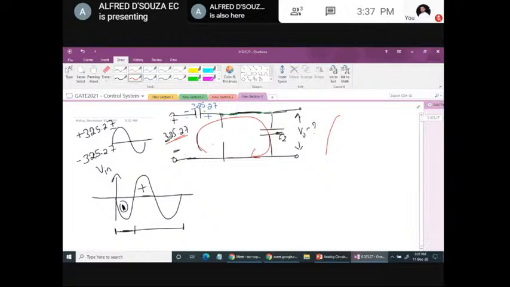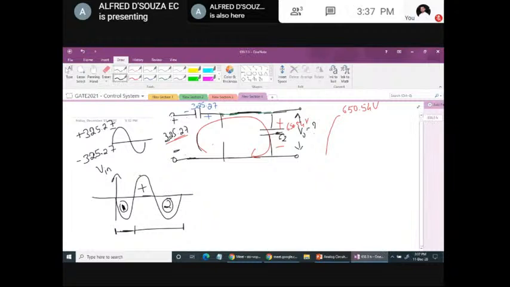So this capacitor discharges. Along with this, C2 will charge to a maximum of 650.54 volt. So that's the answer. Okay, but let's see what happens during the second negative half cycle.